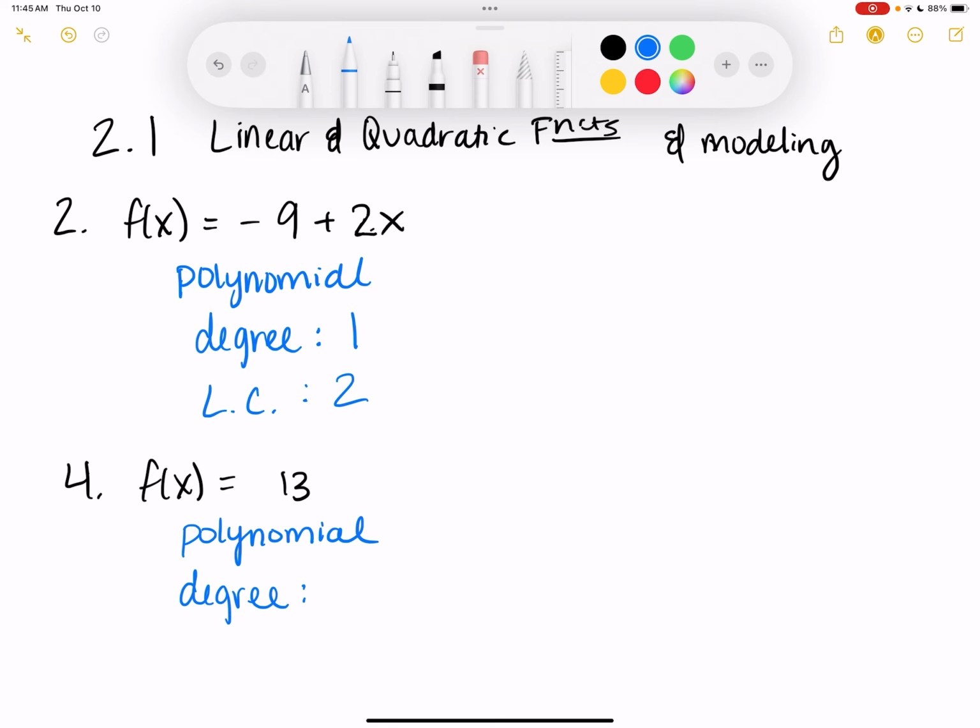If there's no x, what does the degree have to be? Then the leading coefficient is 13. This is confusing. Is it polynomial because of that?